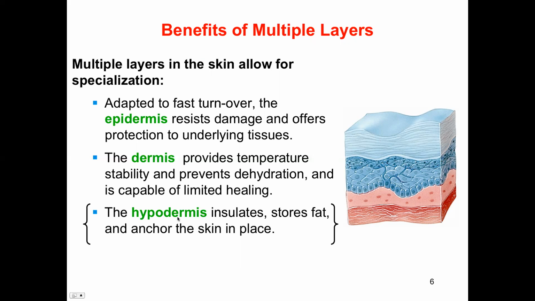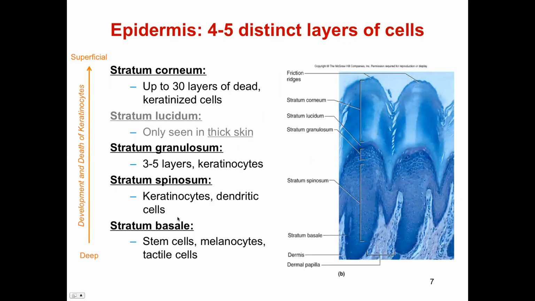All right, so now when we look at the epidermis, we're going to start there. There's a number of layers to the epidermis, and you are actually responsible for learning those layers in order, all right? So we have 2 types of skin. We have thick skin and thin skin. So the very bottom, and I think it's easiest to learn this from the base or from the deep part.